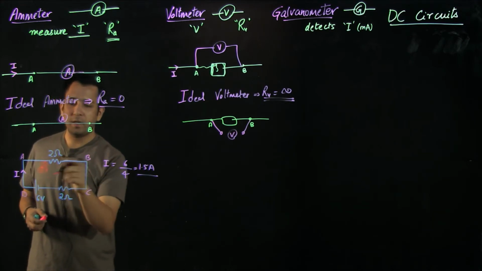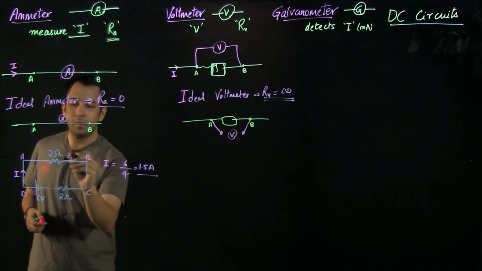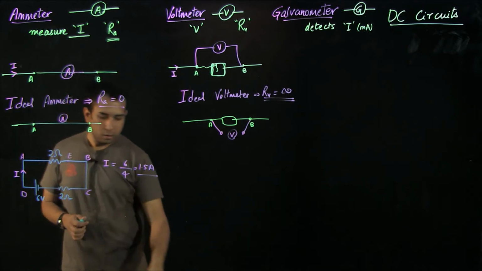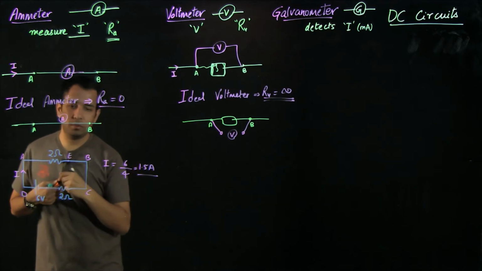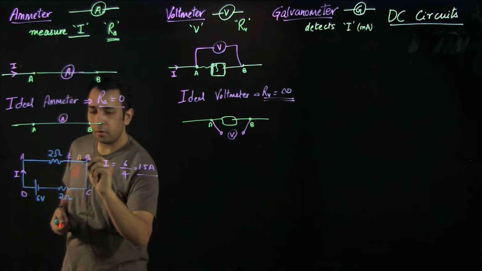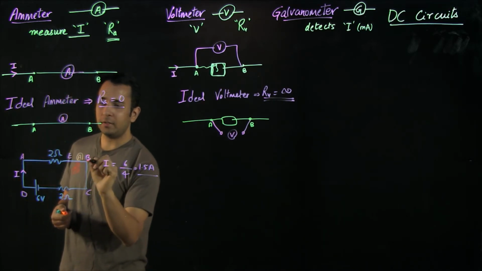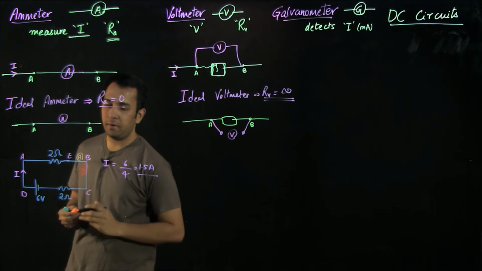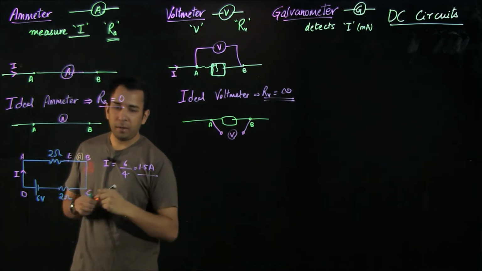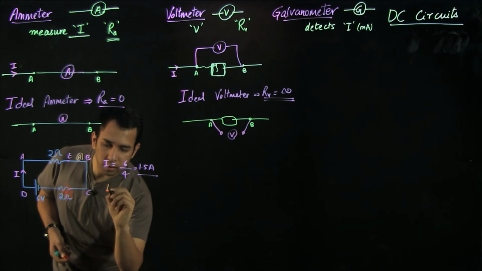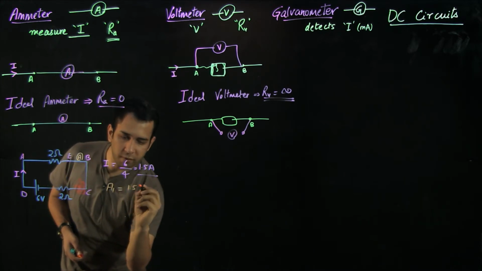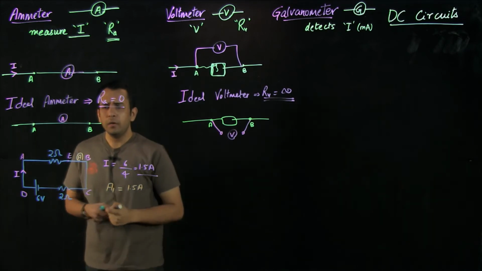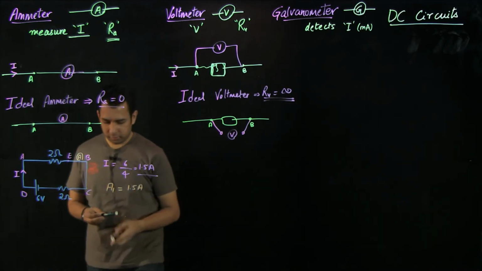So I need to measure the current which is flowing in branch EB. So what I'll do is introduce an ideal ammeter first. Because I'm introducing an ideal ammeter, I can replace it with a zero resistance wire, and I can write just A above it. So the ammeter reading, A1, would be 1.5 amperes. It was quite easy to understand.